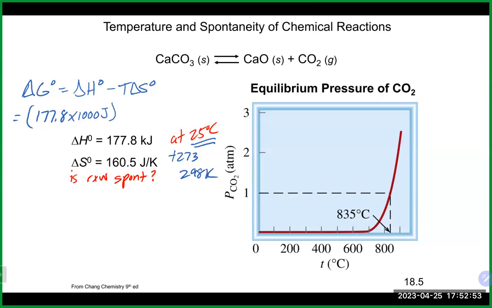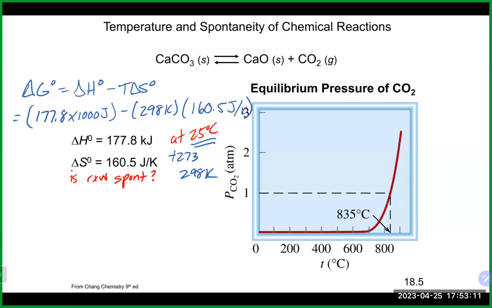If you left it in kilojoules, you should have converted delta S to kilojoules so everything would be in the right unit. Minus my temperature, 298, times my delta S, 160.5 joules per Kelvin.